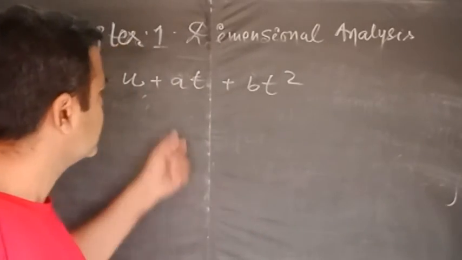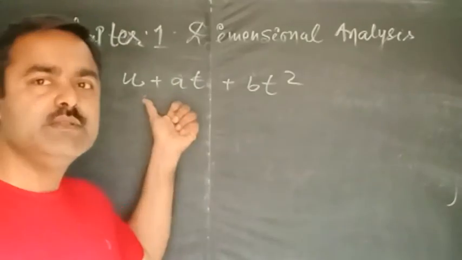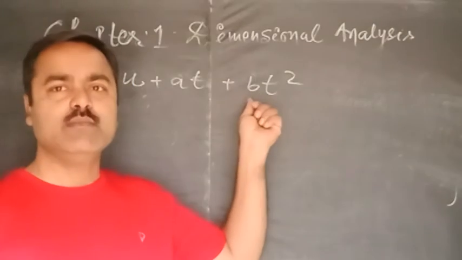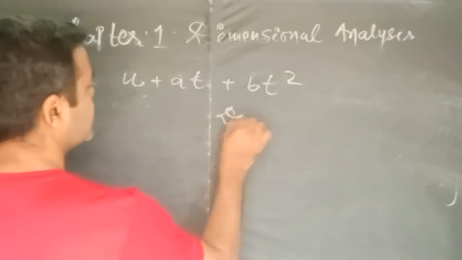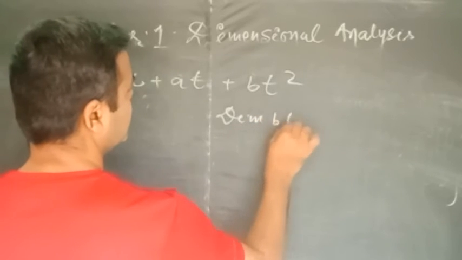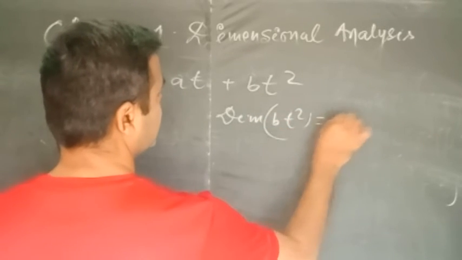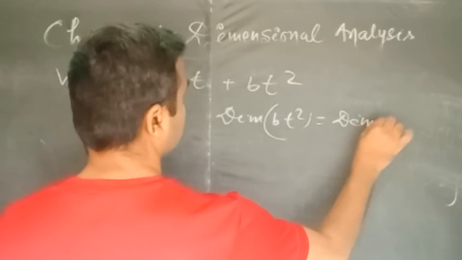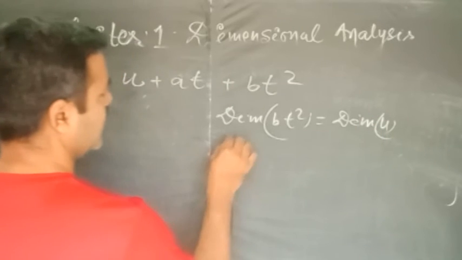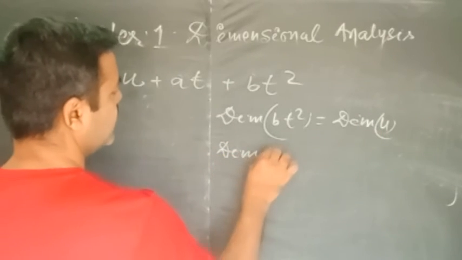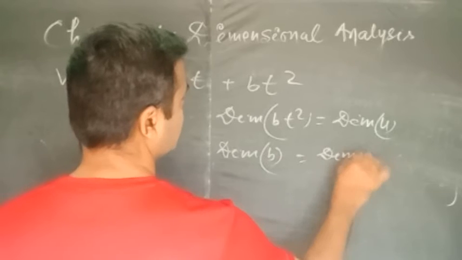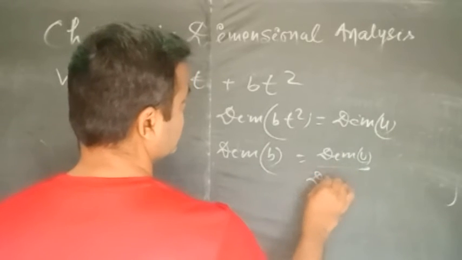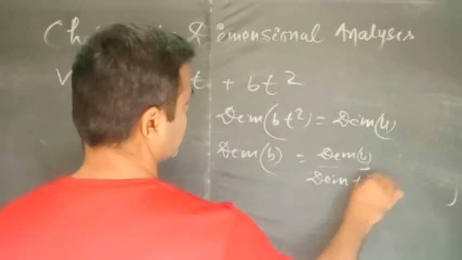So I am taking the dimensional formula of u equal to the dimensional formula of b into t². So the dimensional formula of b into t² equals the dimensional formula of u. Now the dimensional formula of b equals the dimensional formula of u upon the dimensional formula of t².